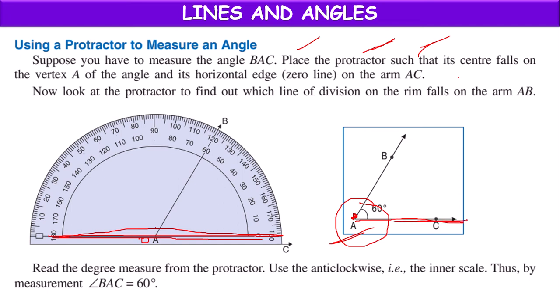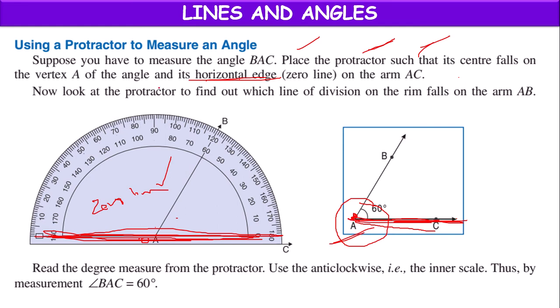This horizontal edge is also called zero line, because it is joining the 0 on the outer scale and 0 on the inner scale. The line joining the two zeros is called zero line or horizontal edge. That should lie along with arm AC, one of the arms.